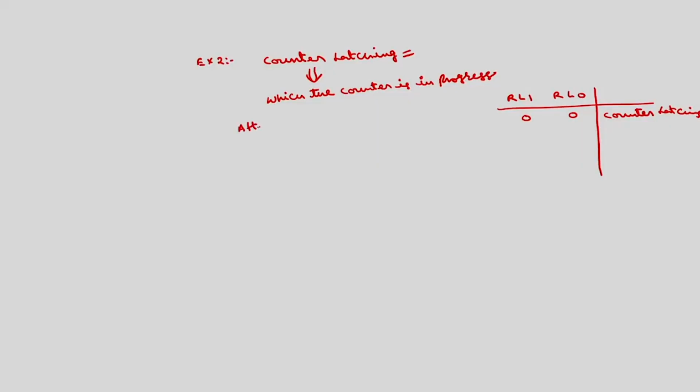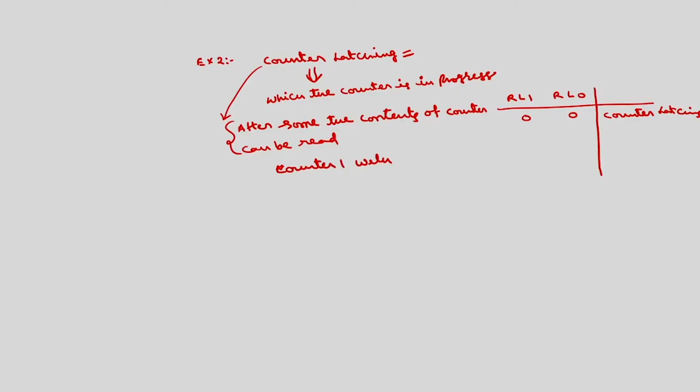After some delay, the contents of the counter can be read. So this particular operation is called counter latching. For that, initially I will load counter 0 or counter 1 with a count value of FFFFH.